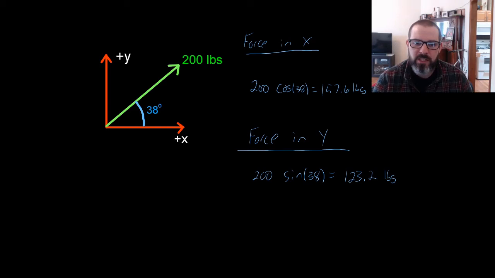What we've done here is taken a force acting at an angle and broken it down into its x and y components. These x and y components are in our 2D coordinate system, and this is a two-dimensional rectangular coordinate system. So these forces in the x and y can be considered to be the x and y rectangular components of this 200-pound force.